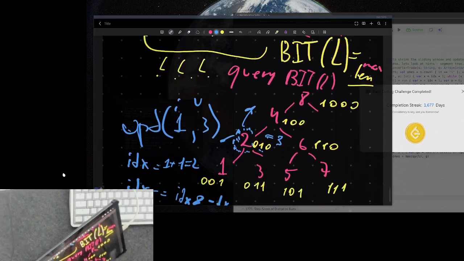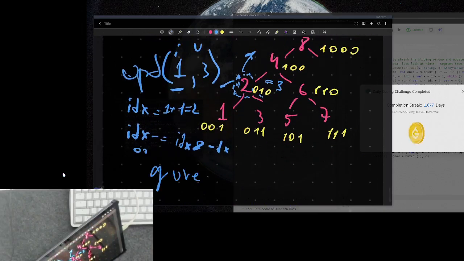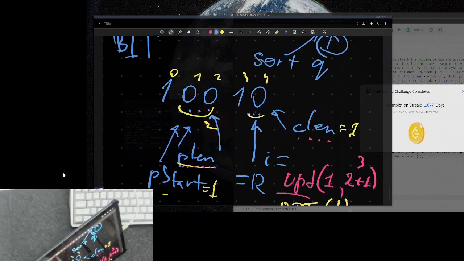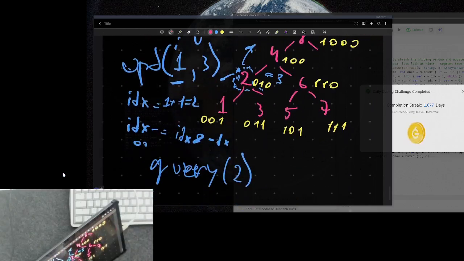If we update position 1, and we want to query left equal 2, we would just start with idx equal 2 plus 1 equal 3.